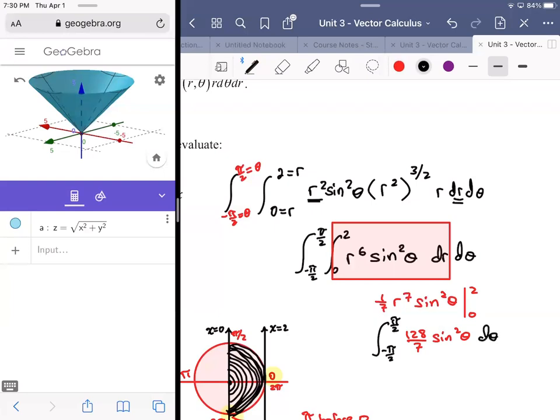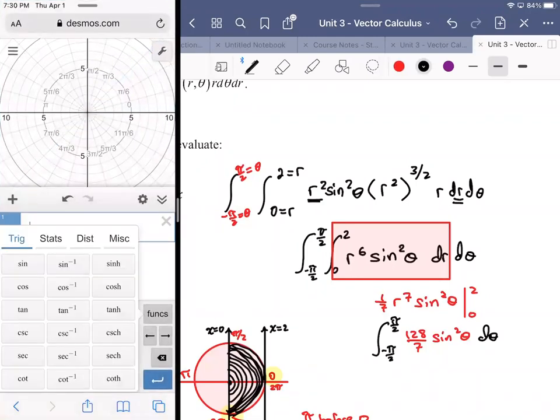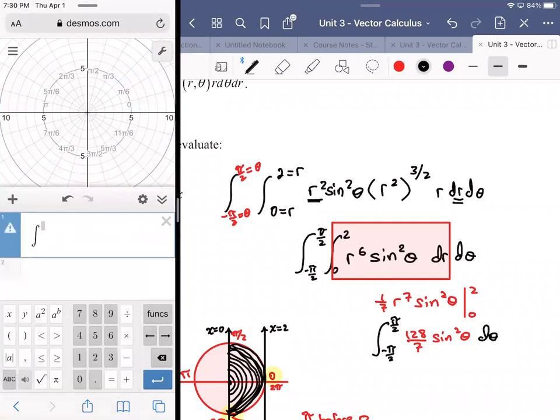And then that can go right into Desmos, because if you want to integrate sine squared by hand, you have to use a trigonometric substitution of 1/2 minus 1/2 cosine 2 theta. So not pretty. So stay away from that. Don't even bother. Just do it this way. Make sure you're in the right mode. You should be, again, by default in radian mode.